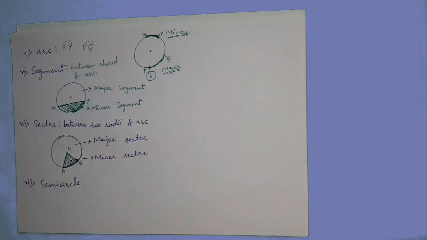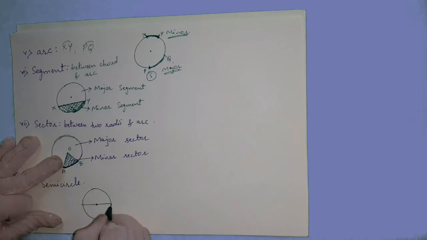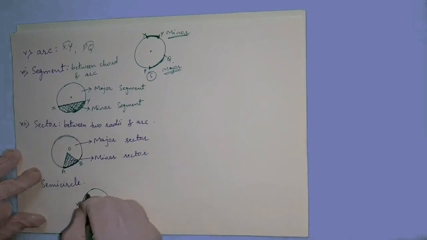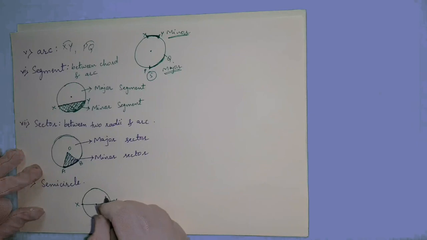When we are saying semicircle, it's nothing but half of the circle. Suppose I am drawing one circle here. If in this circle a line, these are the end points of the arc. So you do not have a minor arc and major arc; both the arcs are equal. The upper arc and the lower arc are both equal, and that time it's called a semicircle. The upper side is also a semicircle and the down side is also a semicircle.